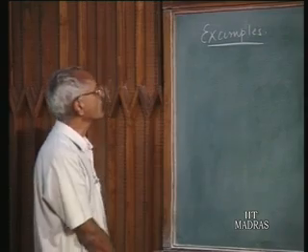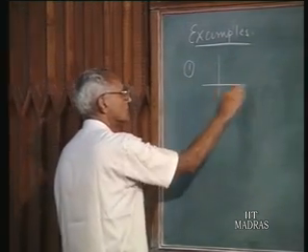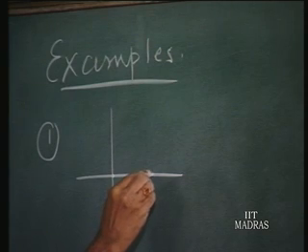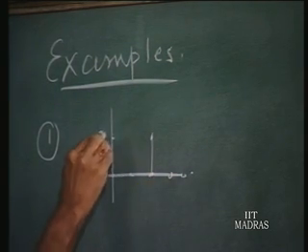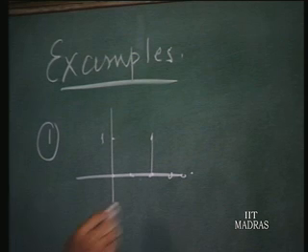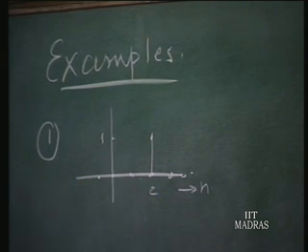Let us consider a few examples. Suppose you have a sample of value 1 at n equals 2 and 0 everywhere else.